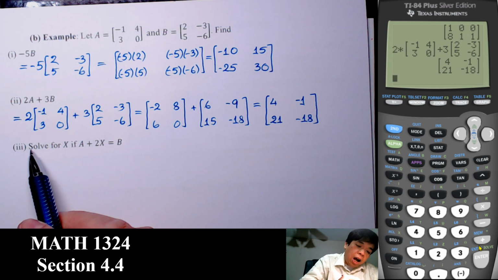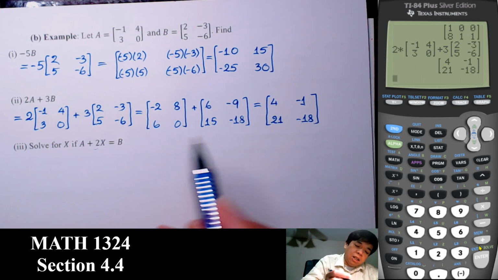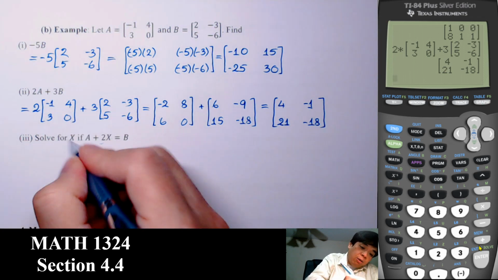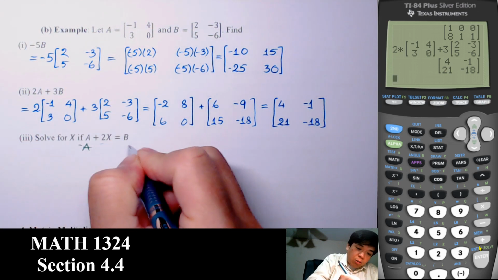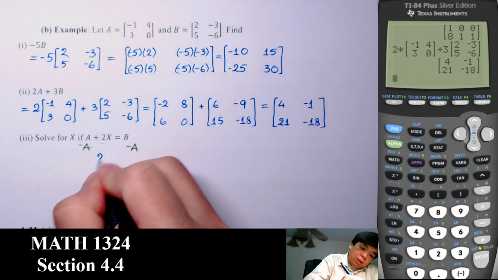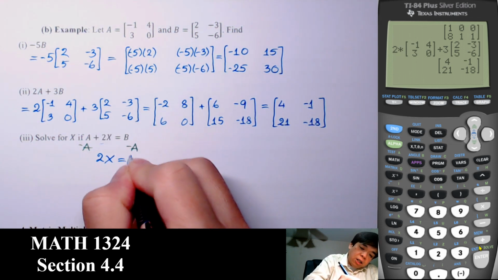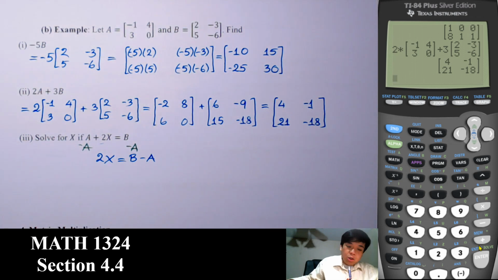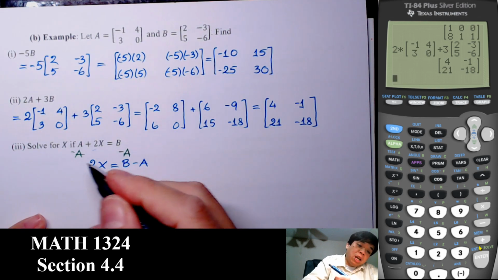Next, we will solve for the matrix X in this form. To solve for that, we solve in matrix form first. Minus A on both sides gives us 2X equal to B minus A. And then divide by 2 on both sides. We cannot divide by 2 in a matrix, but we can multiply by 1/2.